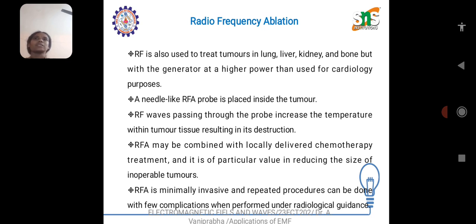Continuous shortwave diathermy is a technique of choice when heating of deep tissue is required. Diathermy allows superficial structures to be heated selectively by means of various surface heating techniques.